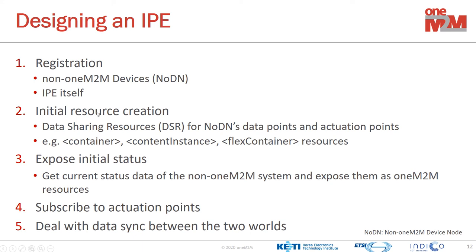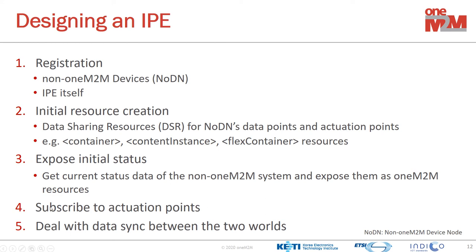For the registration, we create some initial resources, and depending on the resource type, like the container or flex container, you will create something and put some kind of initial status data. Those will be accessible by the other oneM2M applications.